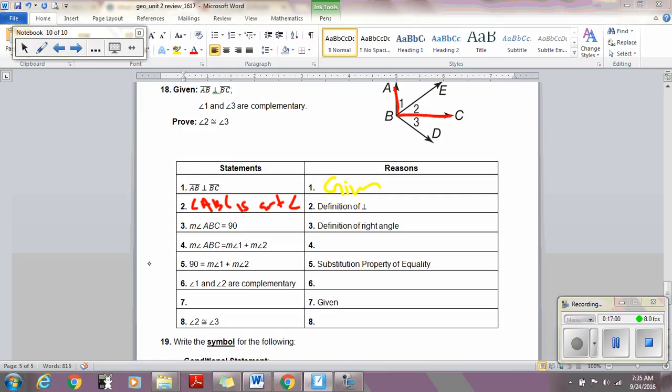Then, because it's a right angle, in statement 3, we know the measure is 90 degrees, because that's the definition of a right angle. Then in statement 4, it tells us the measure of angle ABC is equal to the measure of angle 1 and the measure of angle 2. Well, that's the angle addition postulate.